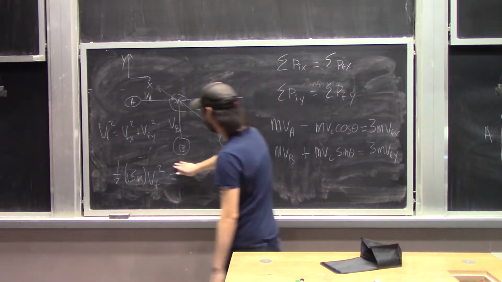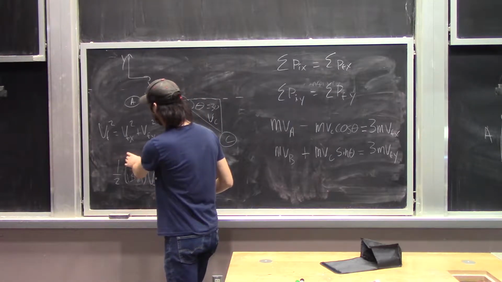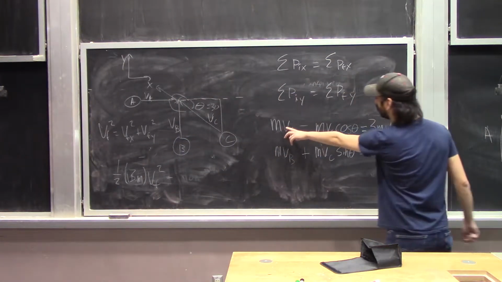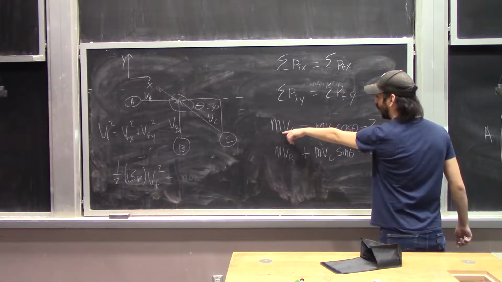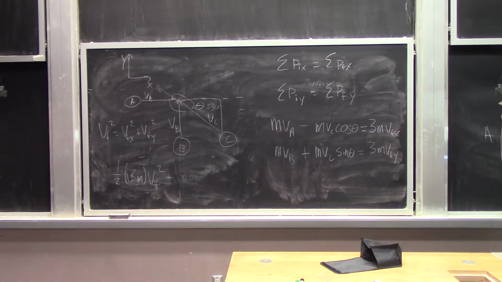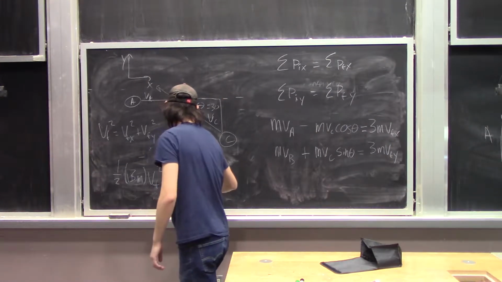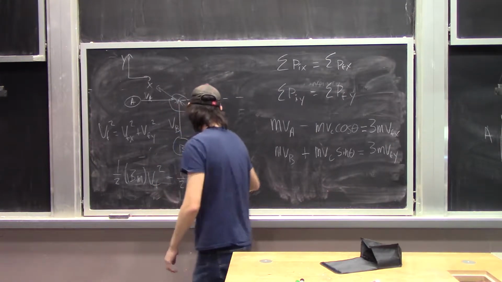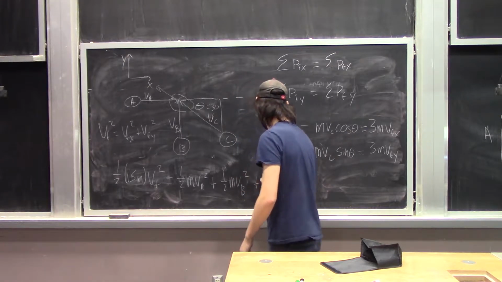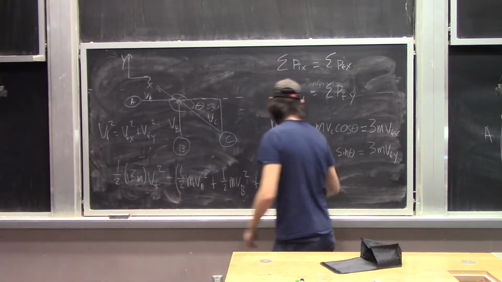And this is the final kinetic energy, so we want to subtract the initial kinetic energy, which is just 1/2 mVa squared plus 1/2 mVb squared plus 1/2 mVc squared. Okay?